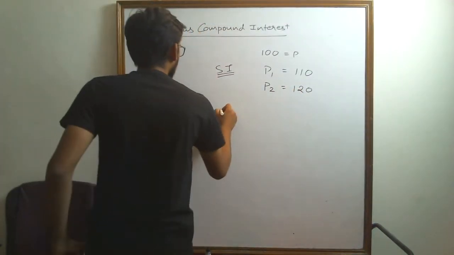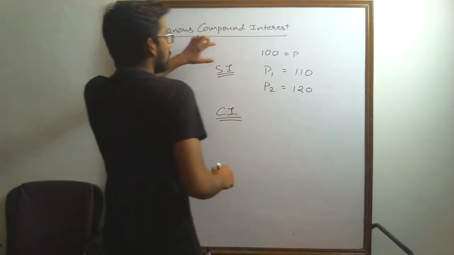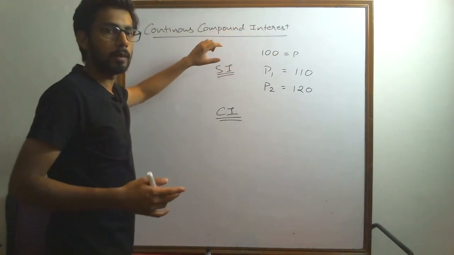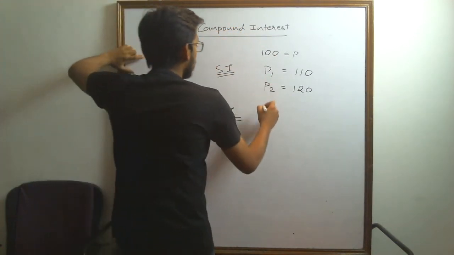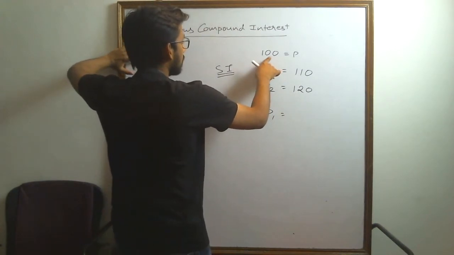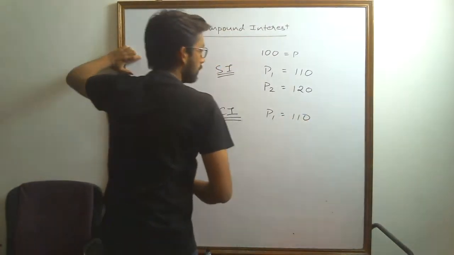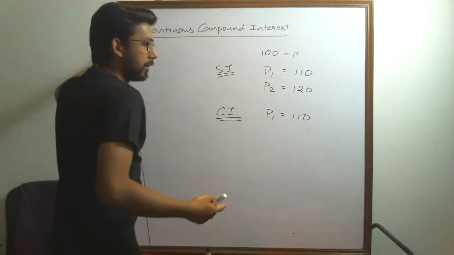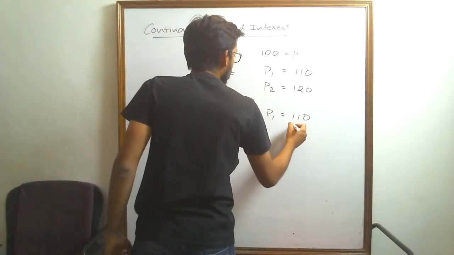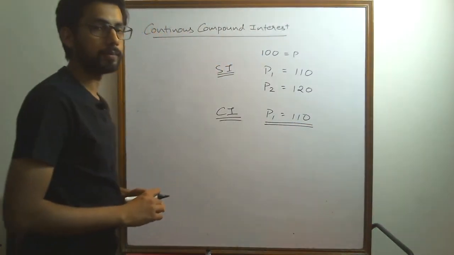Now in the case of compound interest, say the interest is again 10% but compounded. In the first year the interest will be paid on 100 rupees, so that is 10 rupees. So the total amount after 1 year will be 110. But for the second year, the interest will be paid on the current amount in my bank.